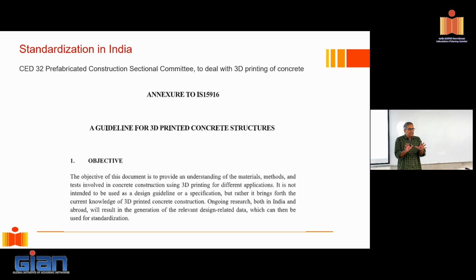And basically, it will tell you all these terminologies that I've been throwing around: what is 3D printing, what is off-site printing, and how is it different from precast, etc. Okay? We're also working on it, but it's not going anywhere. I was working on the subcommittee that dealt with this. But the main IS 15916, I think there are enough stalwarts here who can take it forward.